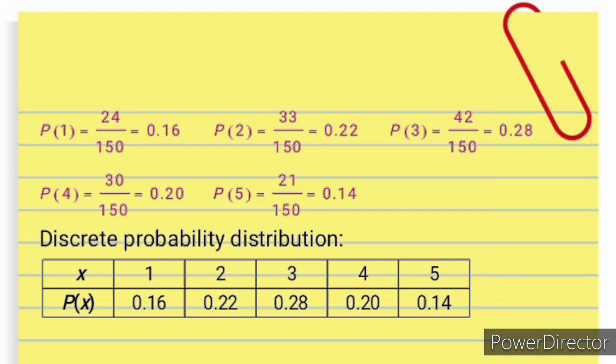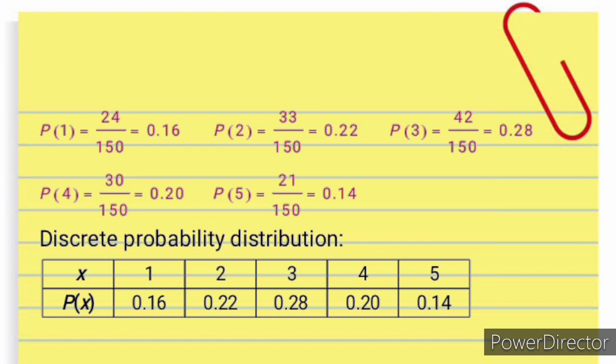Probability of score 3 is equals to 42 over 150, which is equals to 0.28. Probability of score 4 is equals to 30 over 150, which is equals to 0.20. Probability of score 5 is equals to 21 over 150, which is equals to 0.14.